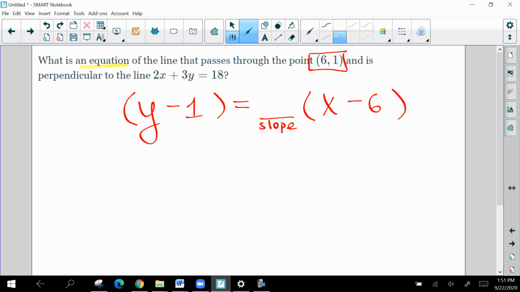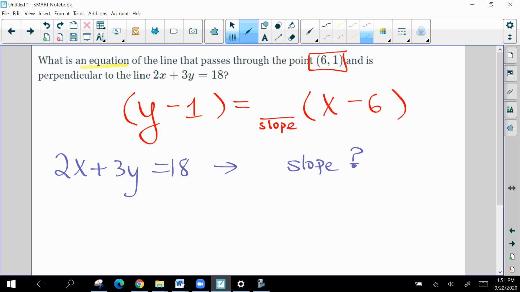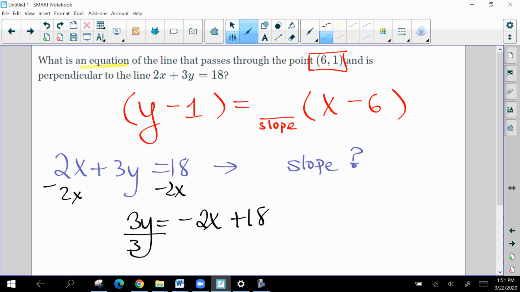Well, then I also would need to know the slope, right? Because then I can make sure that my slope for the line I'm finding is the right one. So what is the slope of this line they gave us in standard form? Well, I'd have to rearrange it, and I have to get y by itself. So we're going to subtract 2x, and we get y equals negative 2 over 3x plus 6.